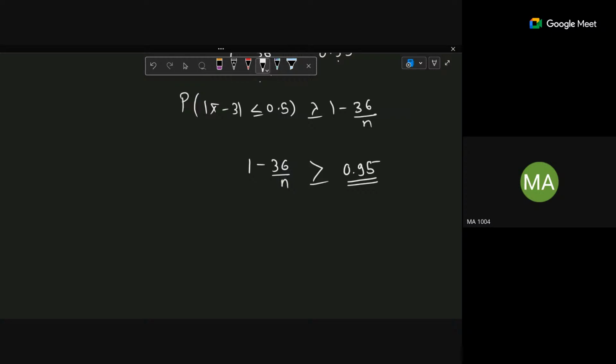So now it's easy to solve. Just subtract 1 from both sides and we get 36 by n. Ma'am, we can just equate it and then find n, and that's the least value of n.